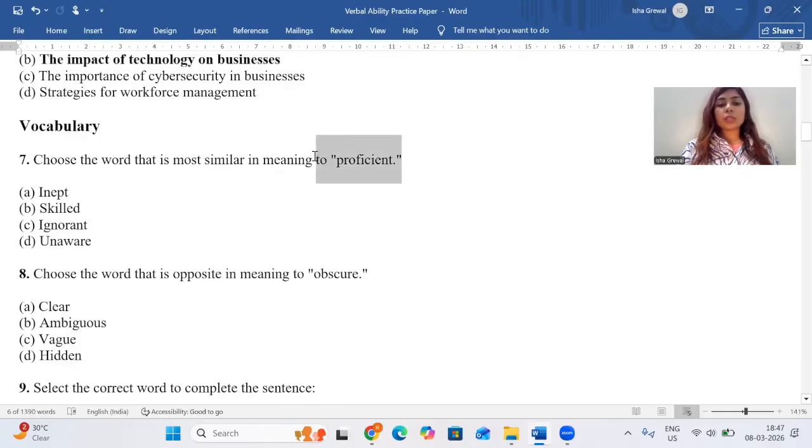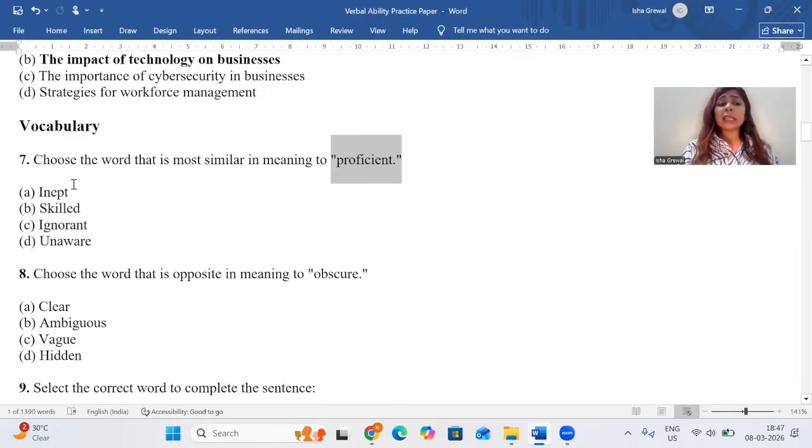So the word proficient. Again, I'm repeating myself, read the instructions very carefully. Sometimes students mark the opposite option when similar is asked, and if it is asking opposite, they mark the similar option. So always read the instructions very carefully. The question is, choose a word that is most similar to the meaning of proficient.